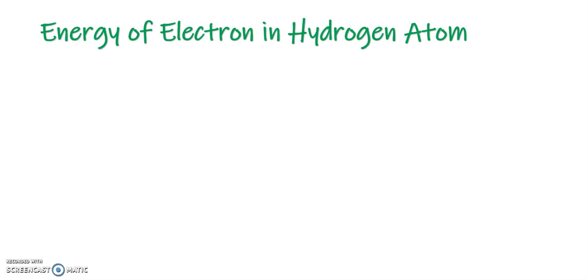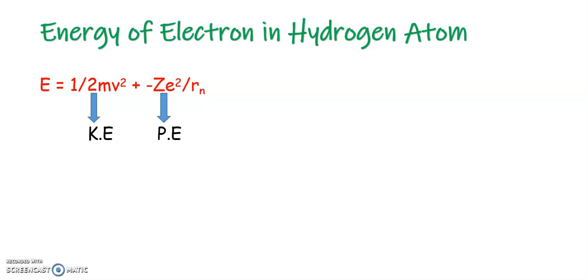Then we are calculating the energy of the electron in the hydrogen atom. The total energy of the electron revolving in the nth orbit is equal to the sum of the kinetic energy, half mv square, and the potential energy, minus Ze square by Rn, that is, the distance between the nucleus plus Ze and the electron minus e by distance Rn.